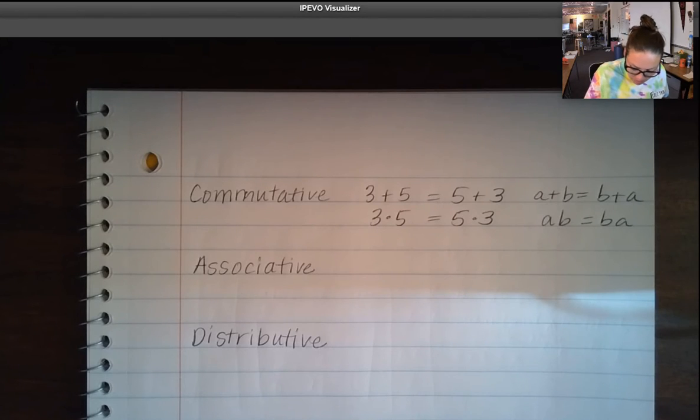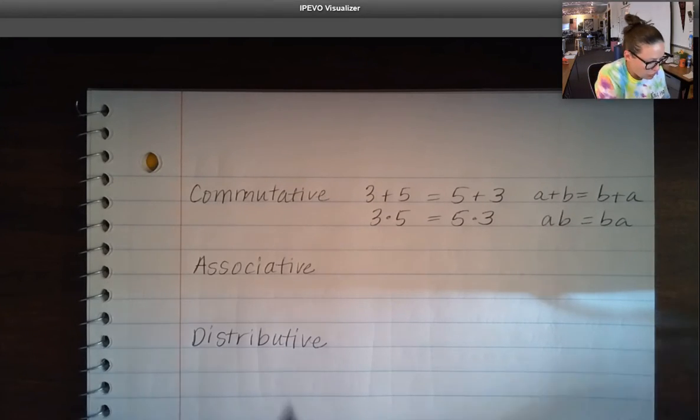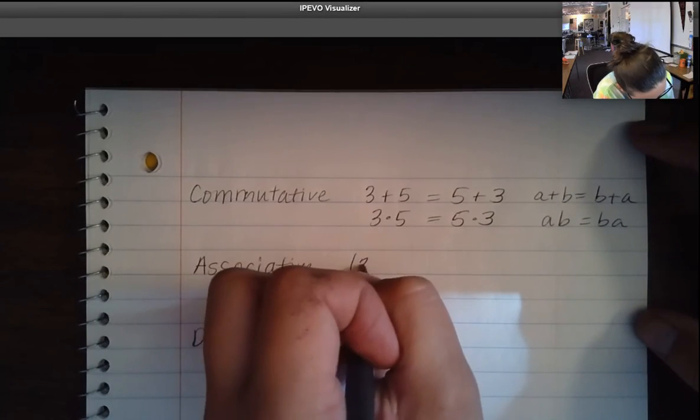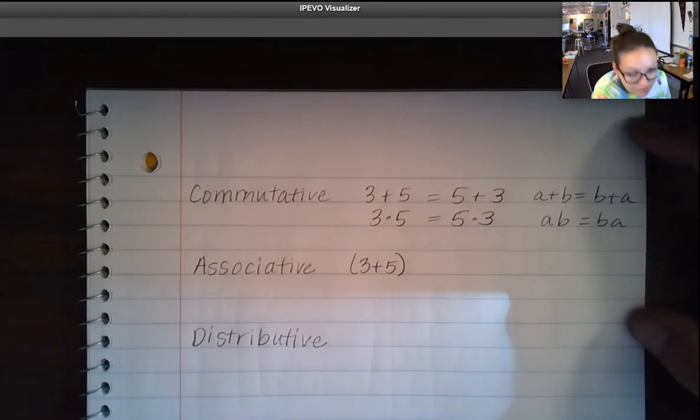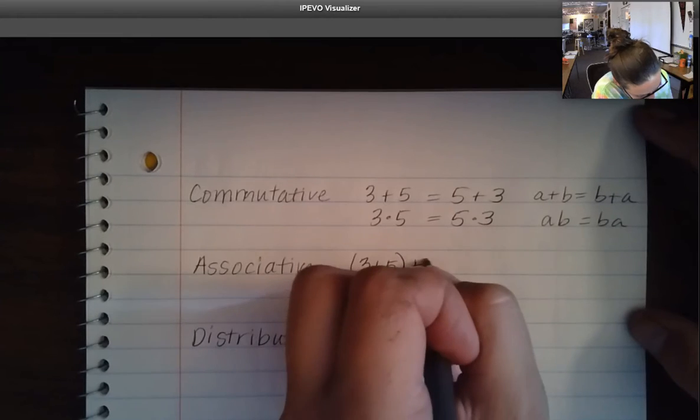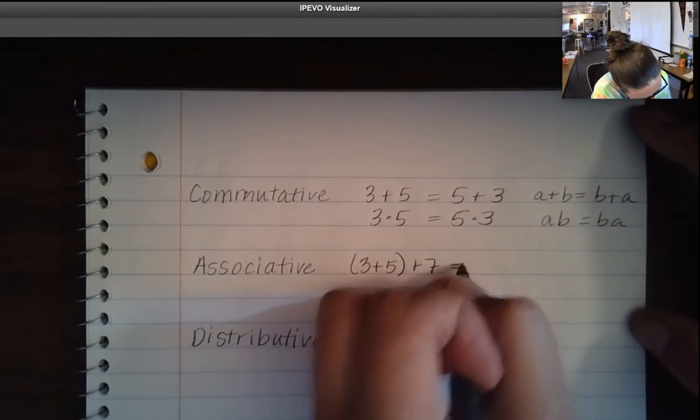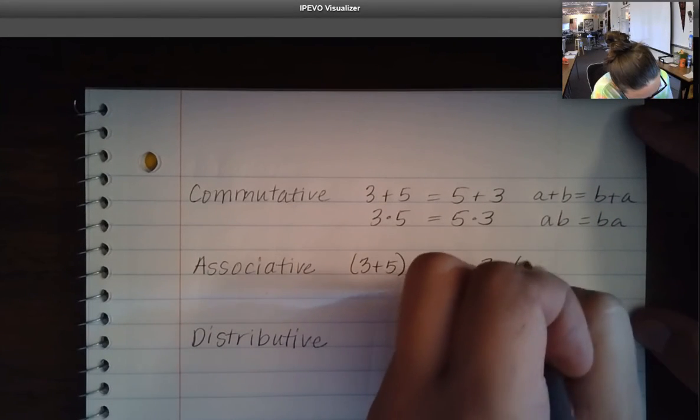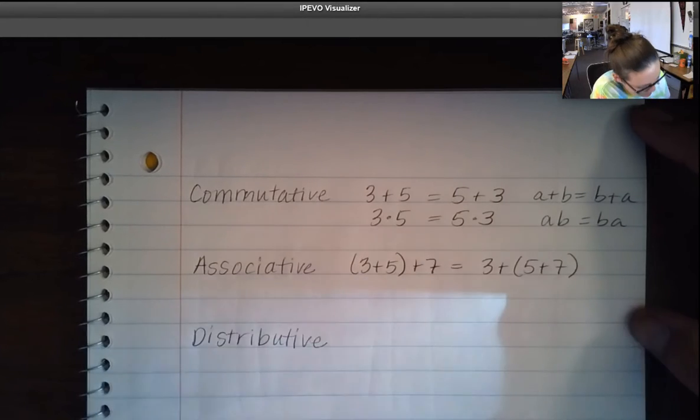The associative property says that if I have multiple things, it doesn't matter how I've grouped them. So for example, if I have 3 plus 5, and then I add another 7, that's the same thing as if I did 3 plus 5 plus 7.